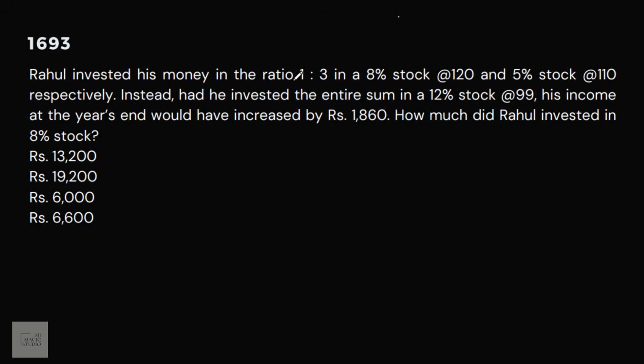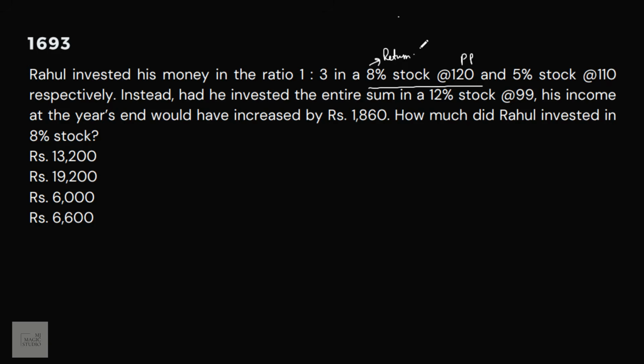Rahul invested his money in the ratio 1:3 in an 8% stock at 120. 8% is the return from the stock, where the stock base value is generally taken as 100, and the purchase price of 1 unit of stock is 120 rupees.